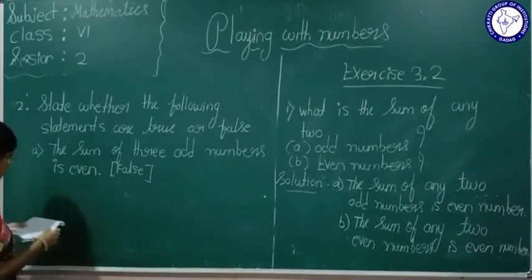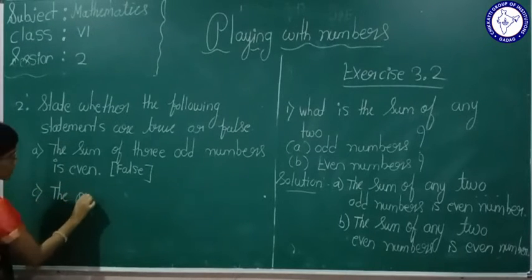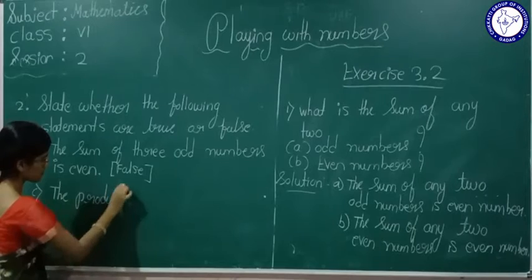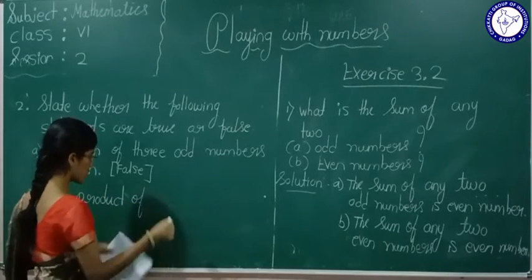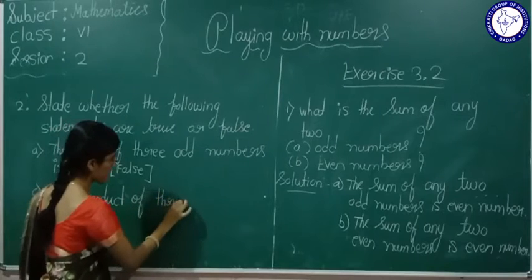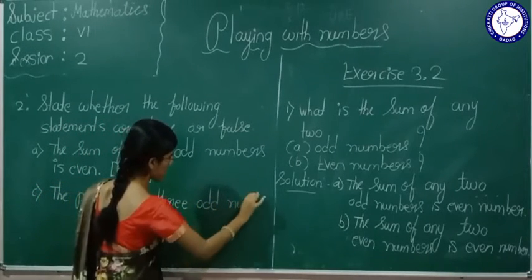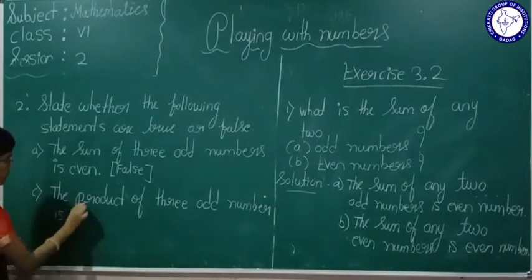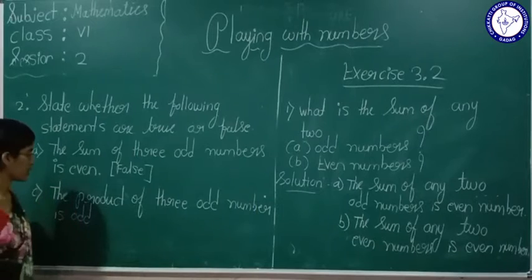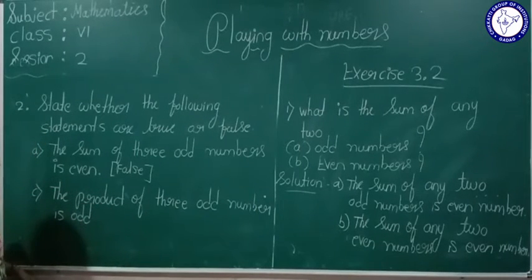See, I will go for the C1. The product of three odd numbers is odd. Means take any three odd numbers, multiply and check whether the answer will come odd or even.